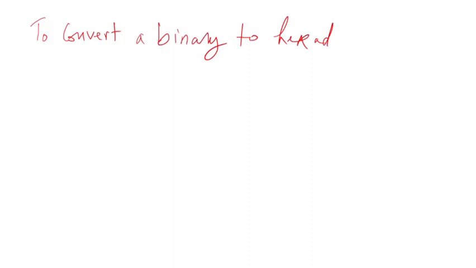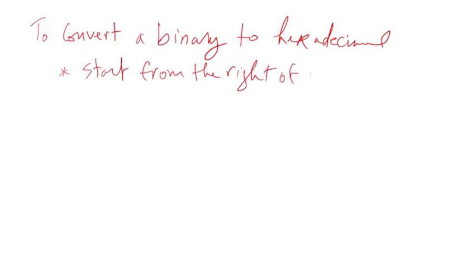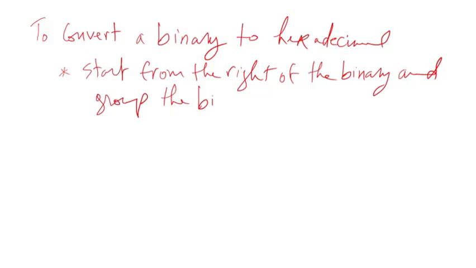So to convert a binary number to hexadecimal, start from the right of the binary and group the bits, we said zeros and ones are called bits, in groups of 4.